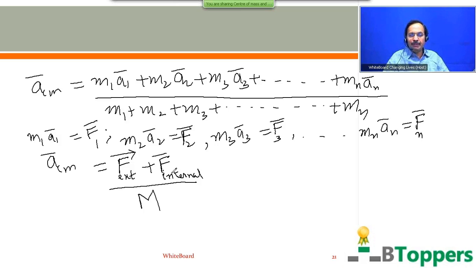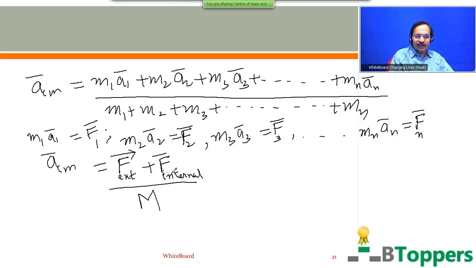The forces acting on the particles of the system due to the objects outside the system, that means the forces which are exerted on the particles in the system by the objects outside the system, are called external forces.